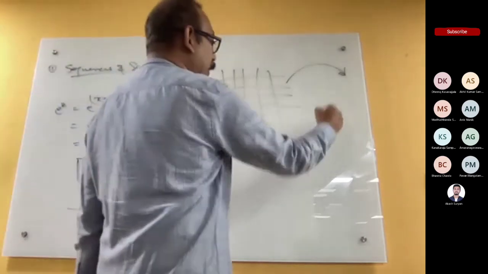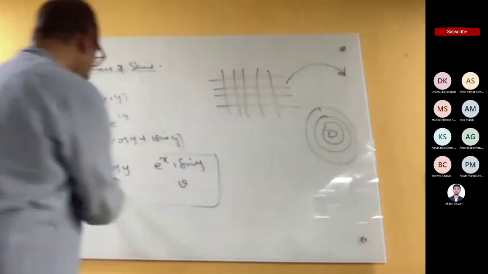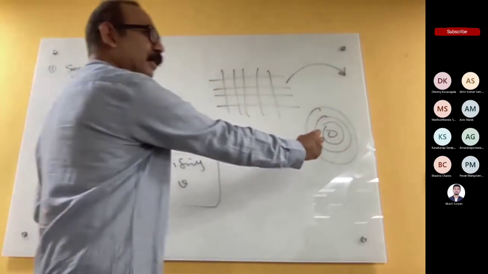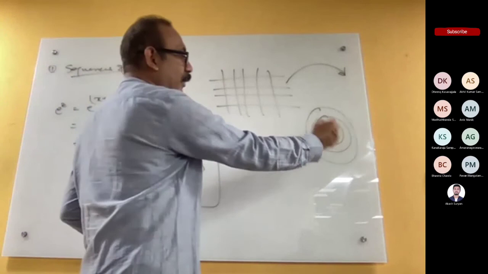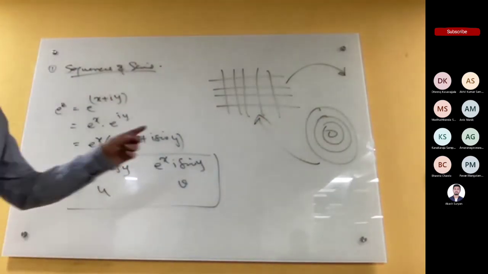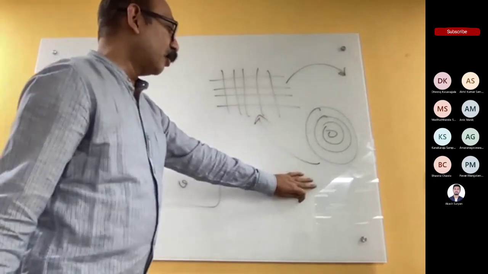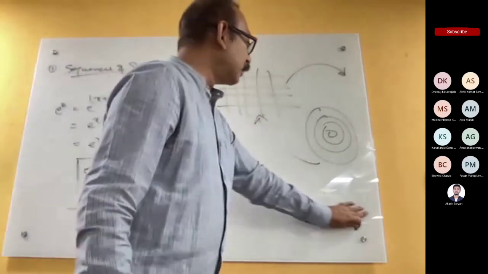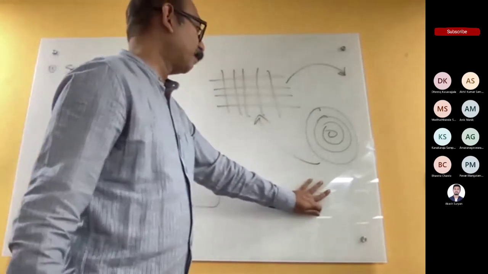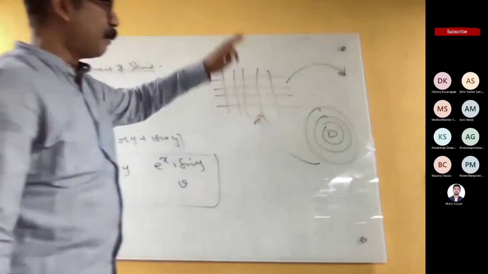Here you will get a set of concentric circles. This sort of function will give you concentric circles back here. So you can do a lot of useful work here and then invert it back. This will be very useful in quantum computing once again, as you are trying to build some sort of NAND gates and things like that. You will actually resolve it here and solve it back here.